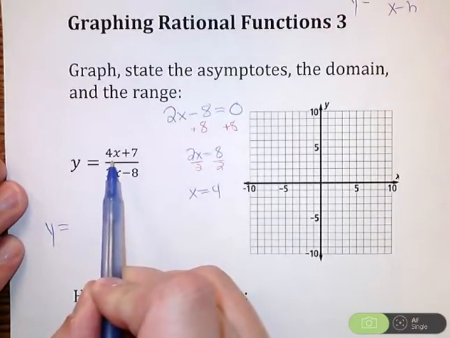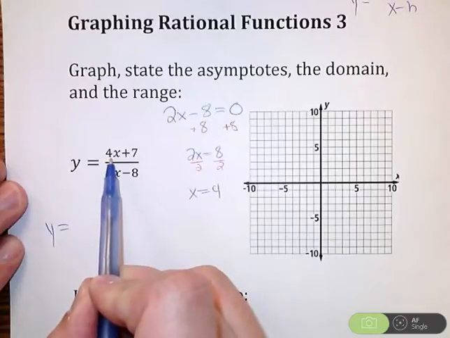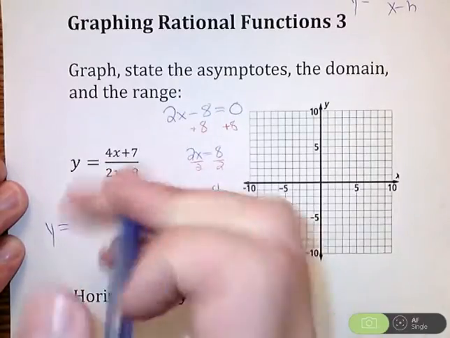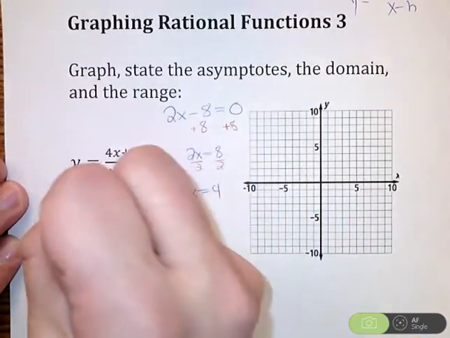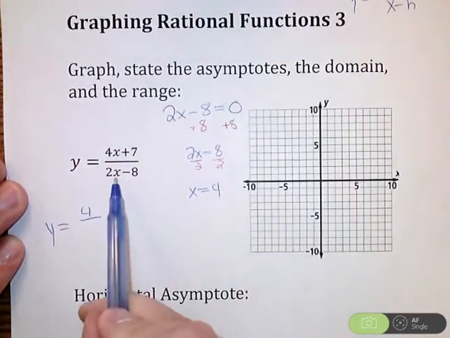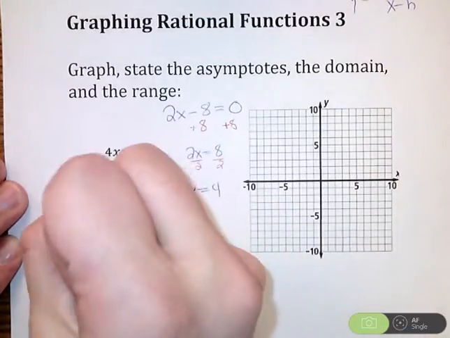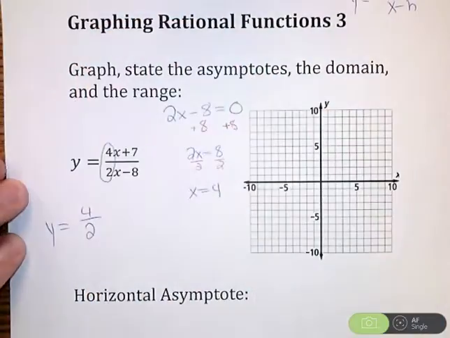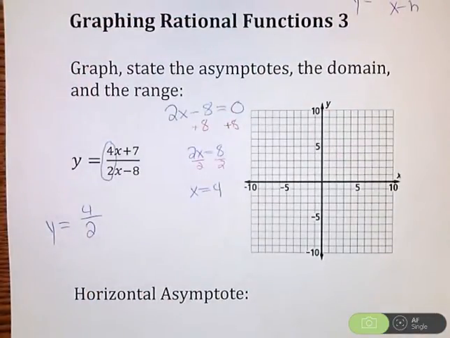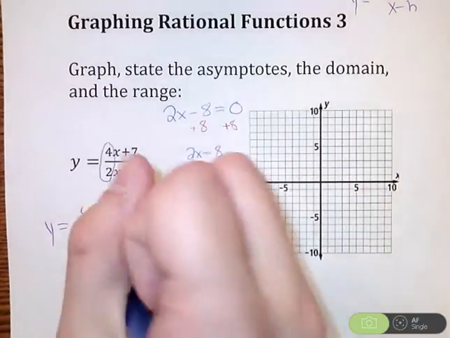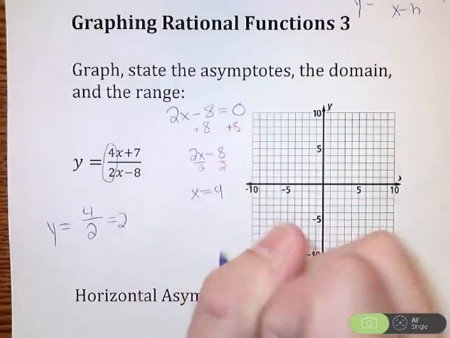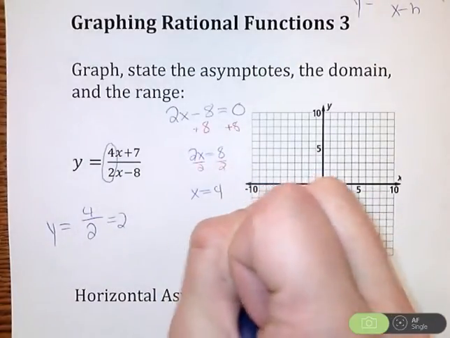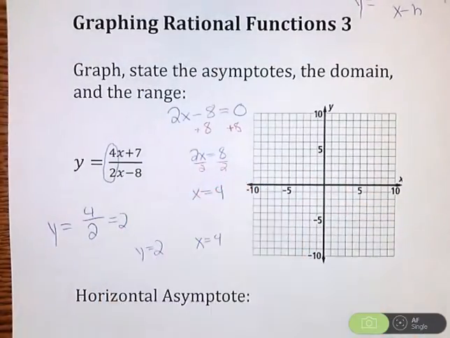Coefficient is the math term for the number in front of x, and in this case it's 4. We divide it by the coefficient of x on bottom, the number in front of x on bottom. So we take 4 divided by 2. Essentially we're taking those two numbers and dividing them. Sometimes we're going to get fractions. This one, we got 4 divided by 2, which is 2. So my two asymptotes are x equals 4 and y equals 2.